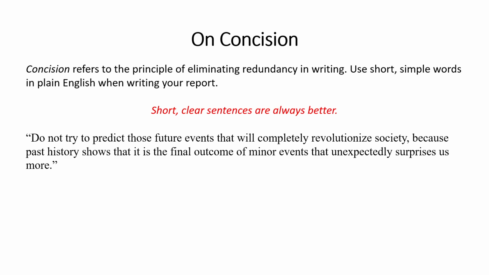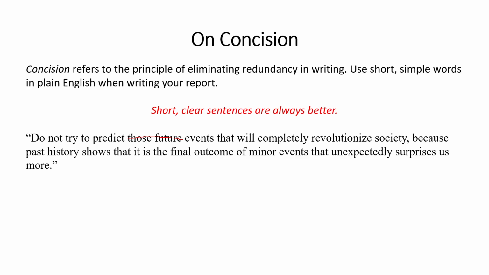So let's start. "Do not try to predict those future events." Now, if we're predicting something, it's already implying that it's going to happen in the future. So we can probably cross out "future." So let's keep going. "Do not try to predict events that will completely revolutionize society."